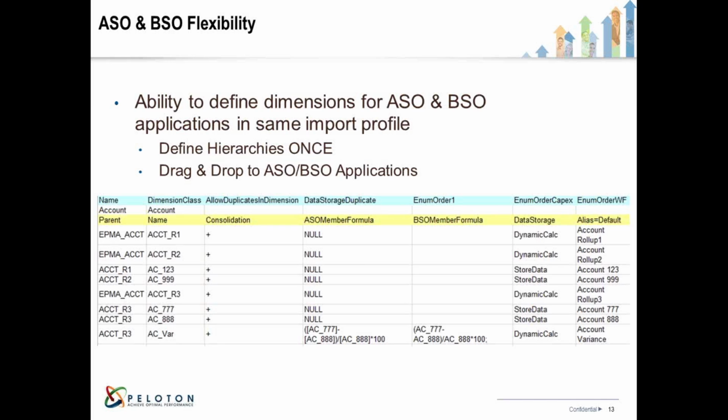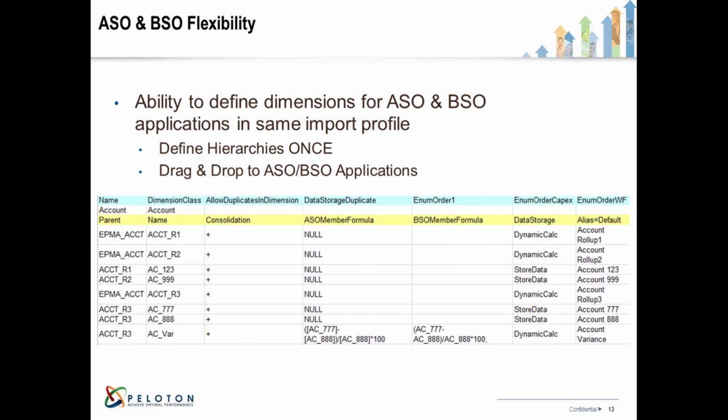It gives you the flexibility where you can define for a given member what the ASO formula is going to be and what the BSO formula will be. If you look at this table at the bottom over here, you'll see that on one member I have the MDX formula for this AC variance, and for the BSO formula I have that in the regular Essbase BSO syntax.